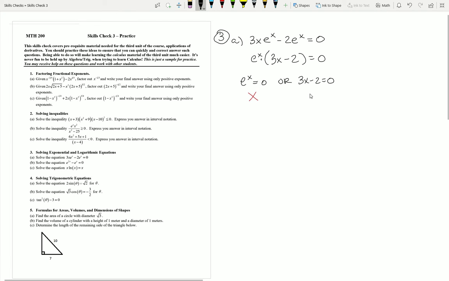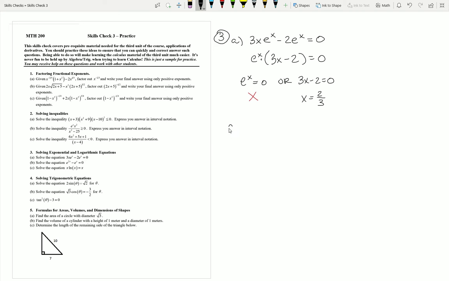So the only solution comes from solving this little linear equation, which leaves me with x equals 2/3. If x is 2/3, then I'll have a solution here. In general, this type of question isn't too difficult. It's just important to recall that e to the x can never equal 0 for any value of x.